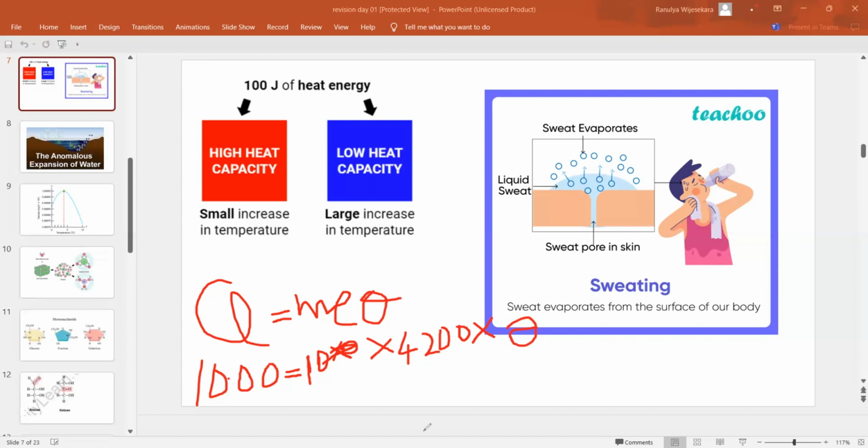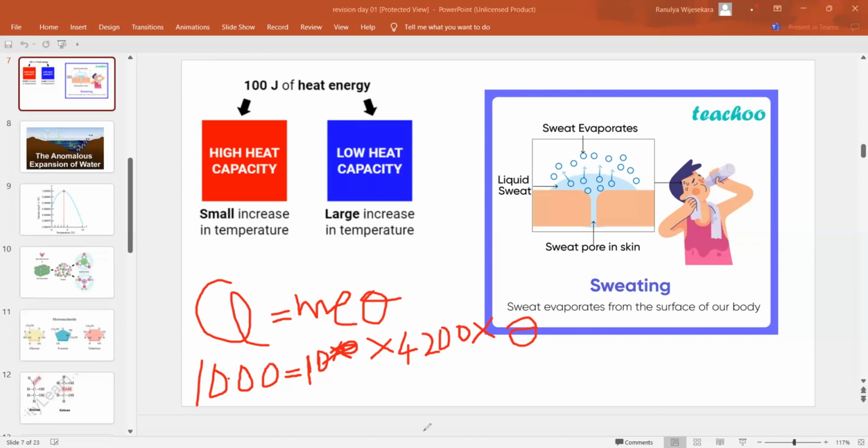That's why humans are endothermic. Right? Body temperature do not fluctuate according to the environmental temperature changes. Right? So due to high specific heat, water can absorb relatively high amount of heat energy by a slight change in its own temperature.